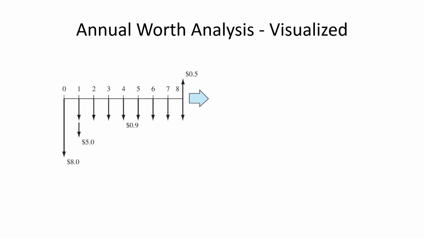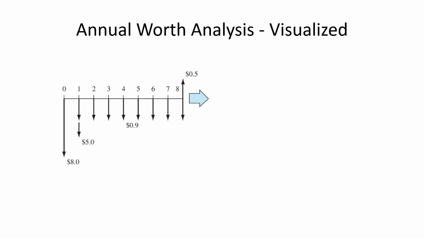Now, annual worth analysis is a little bit different because we don't have to apply the same techniques to make different options last the same duration if we're comparing them on the basis of annual worth. Because annual worth analysis automatically assumes repeatability.